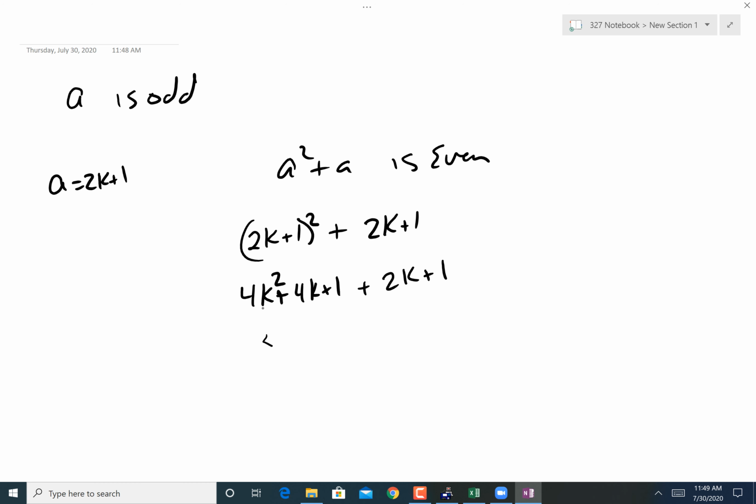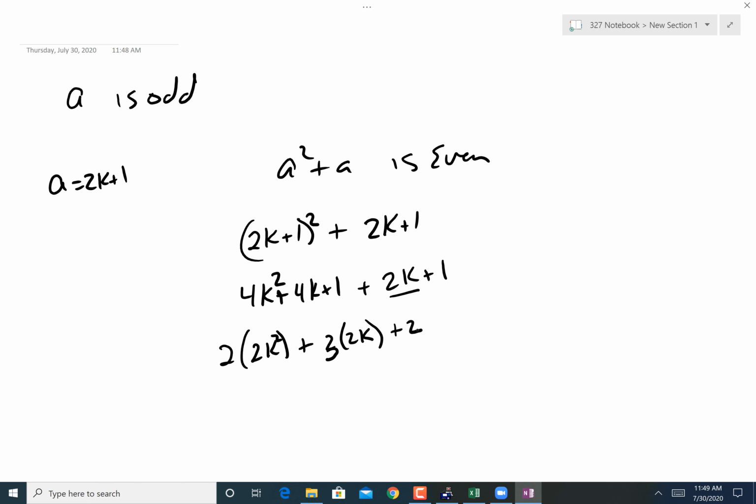Let's pull a 2 out of that. Let's write it as 2 times 2k squared plus 2 times 2k plus another k. So there's actually 3 of those 2k's, right? Yep. Plus 2. Well, that's hot.